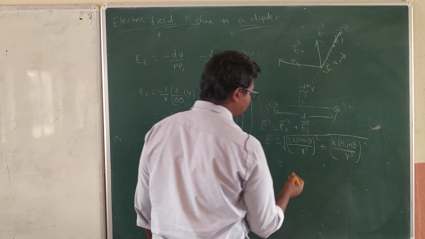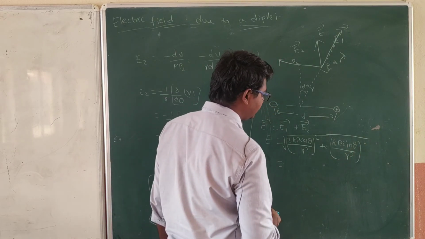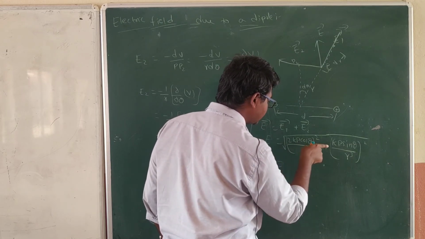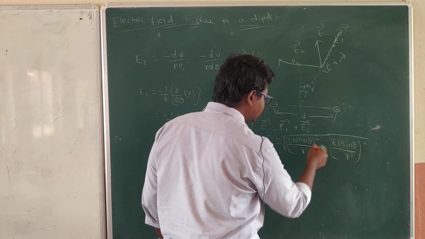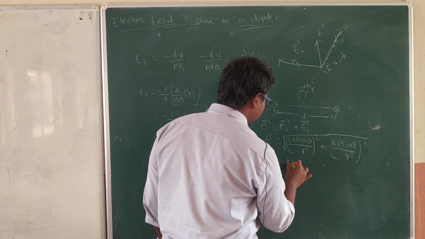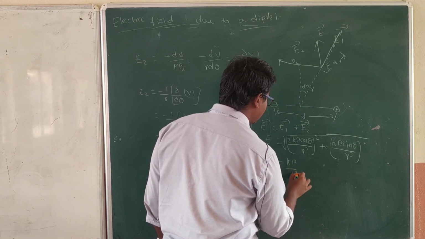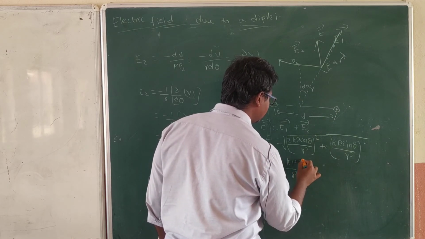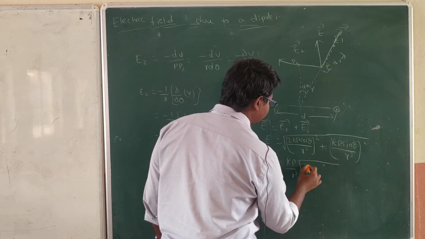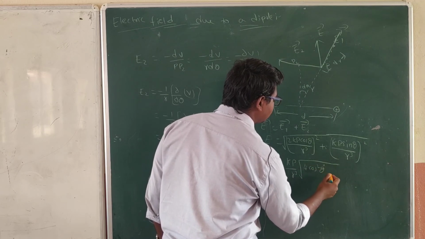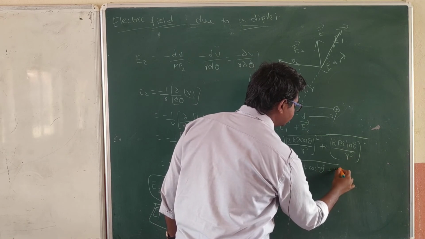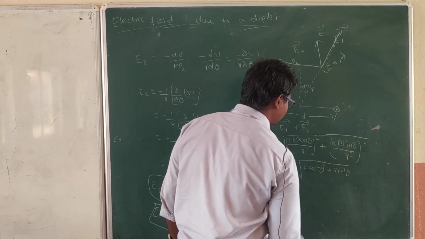This one we need to do. After doing this, let's see what we can take common outside. P is common, K is common, and r cube is also common. That's why Kp by r cube we can bring out from the root, and we keep 2 square means 4 cos square theta plus sin square theta.